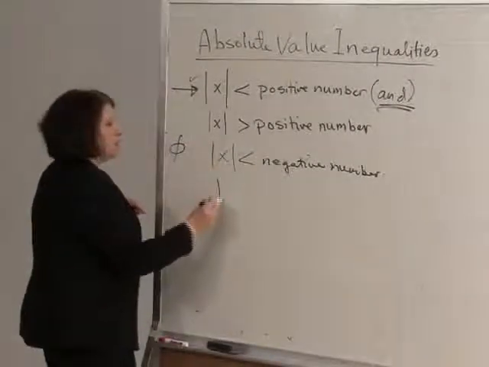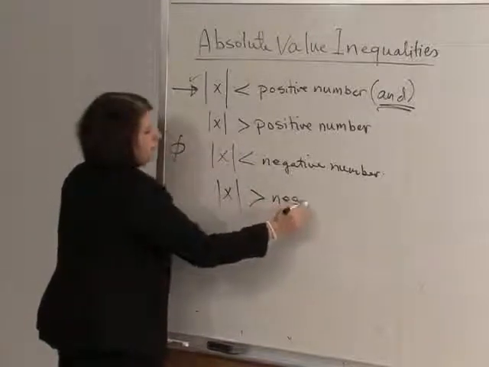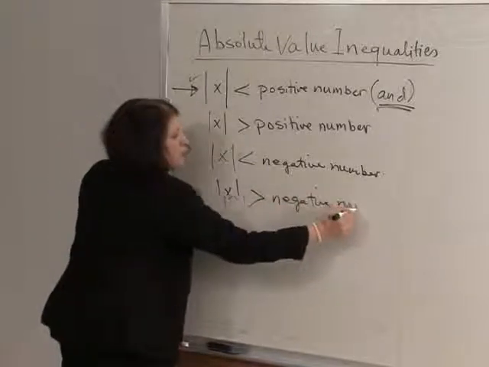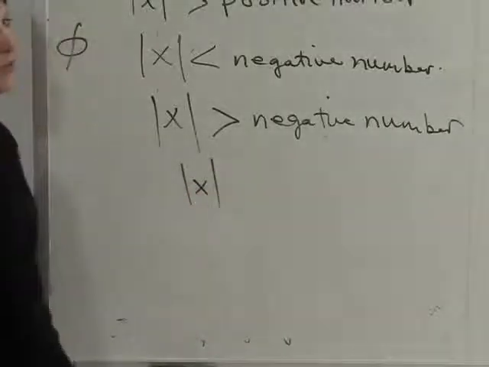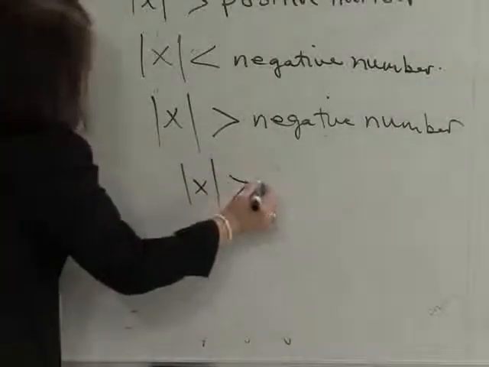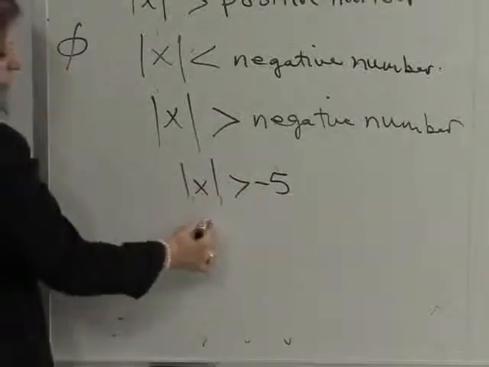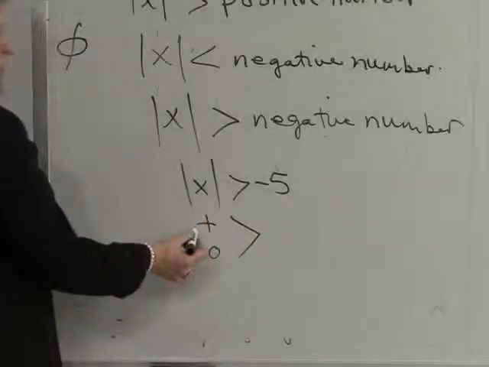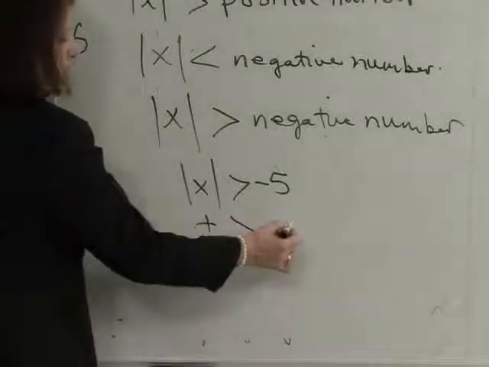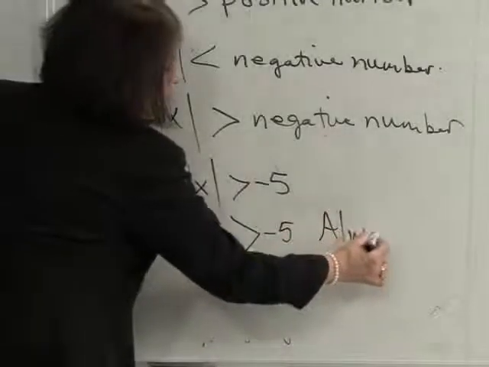While if you look at the absolute value of x being greater than a negative number, an example would be the absolute value of x is greater than, I don't know, negative 5. So think, this side is positive or 0. And is a positive number or 0 greater than a negative number? And that's always true.